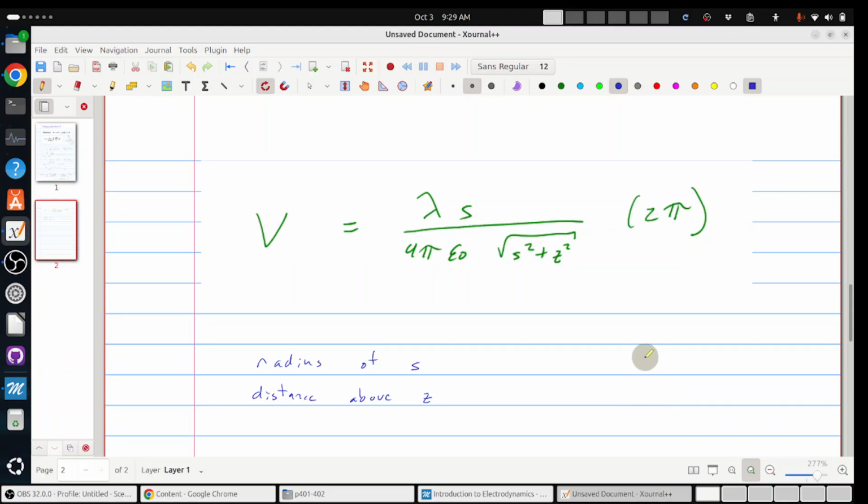And remember from our previous page that lambda was equal to the total charge over the circumference.